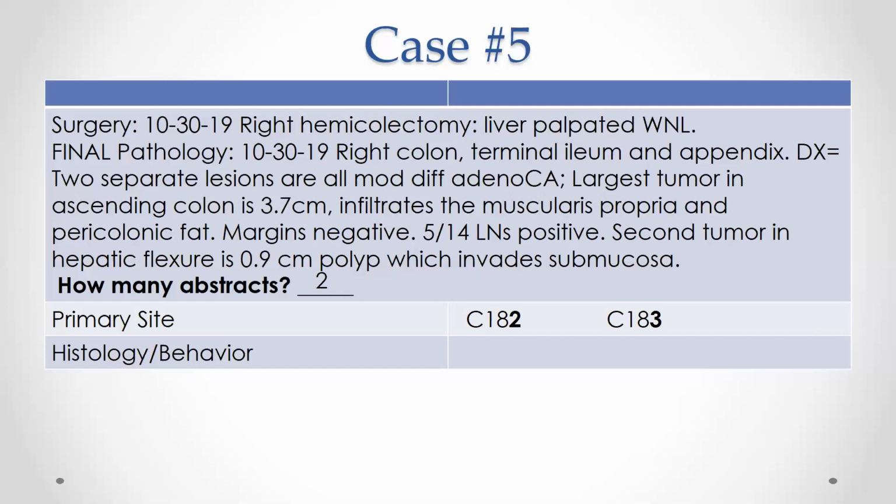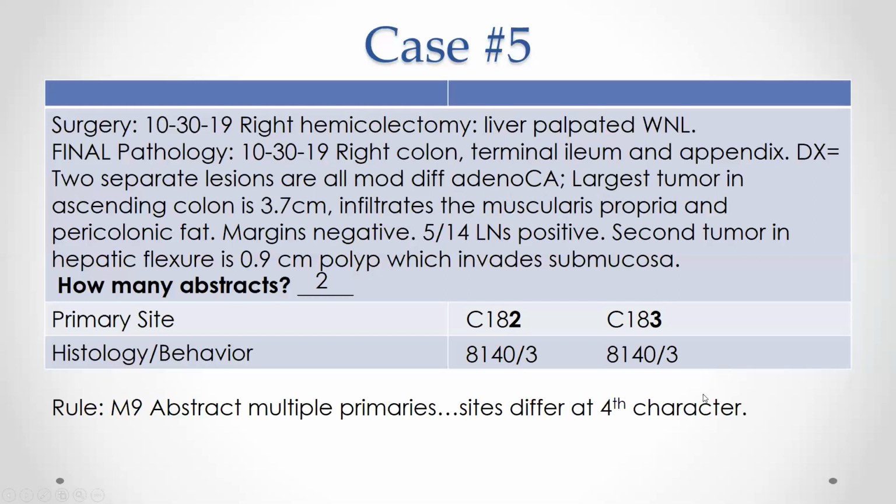So our primary sites then would be the C18.2, the C18.3. M9 is abstract multiple primaries when the sites differ at the fourth character. And then the histology behavior is going to be the same histology for both tumors because there's nothing else mentioned in the path report. They're both adenocarcinoma. And there's the M9 rule.